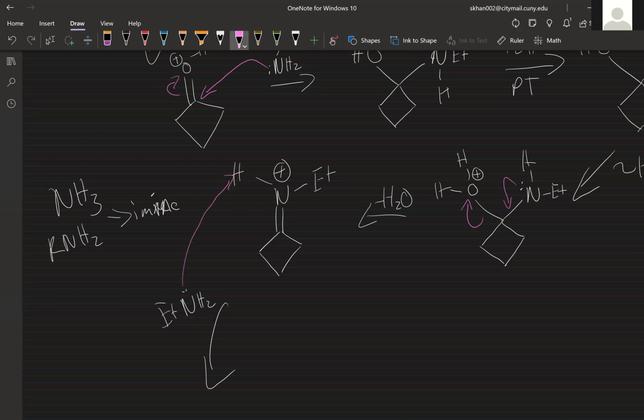When we do an enamine, there's no extra proton here, because there are going to be two R groups. So what actually happens is the next most acidic protons are at the alpha positions. And that's why you get an enamine versus an imine.